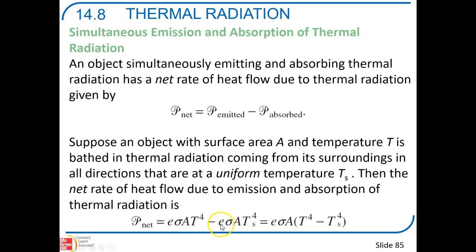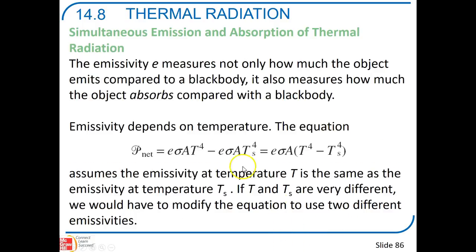And I can factor out the e, this symbol, times A. So e sigma times the area, and I get T to the fourth minus Ts, which is that uniform temperature of the surroundings, to the fourth. The emissivity here measures not only how the object emits compared to a black body, it also measures how much the object absorbs compared to it.